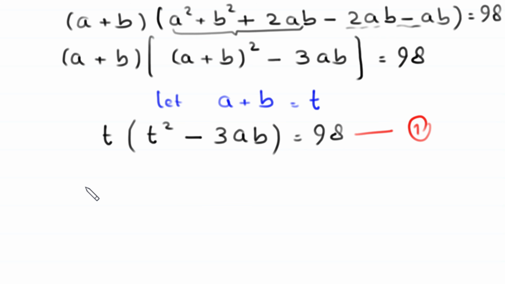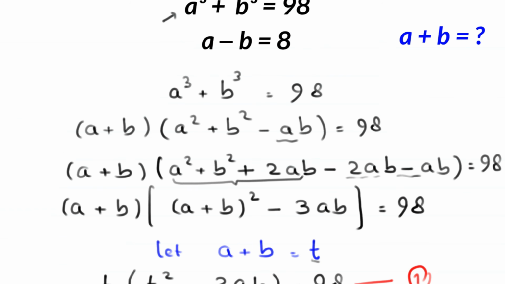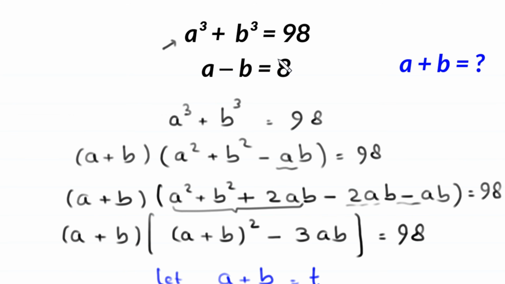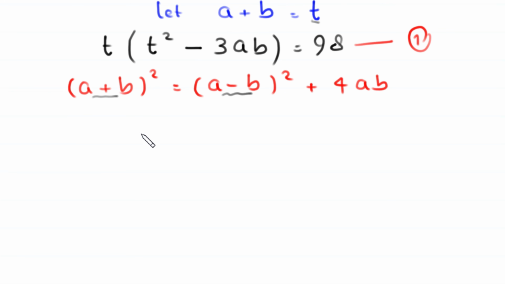Now we use this algebraic identity: a plus b whole squared equal to a minus b whole squared plus 4 times ab. In this equation we replace this a plus b with this t and this a minus b with this value 8 from second equation. So this equation will become t squared equal to 8 squared plus 4 times ab.